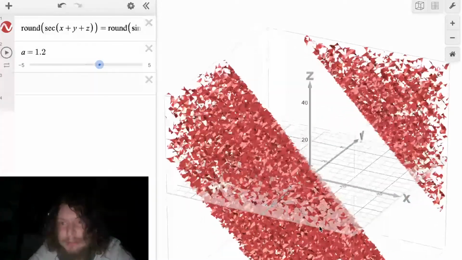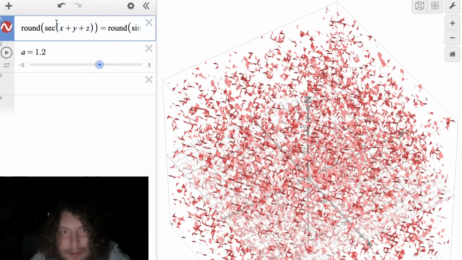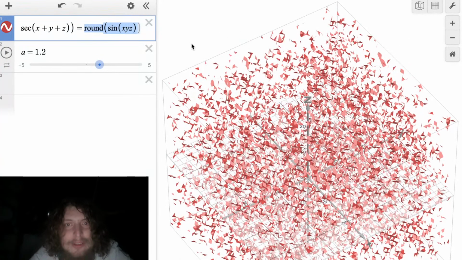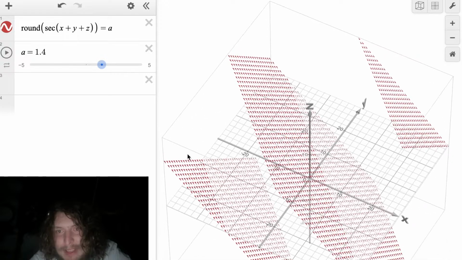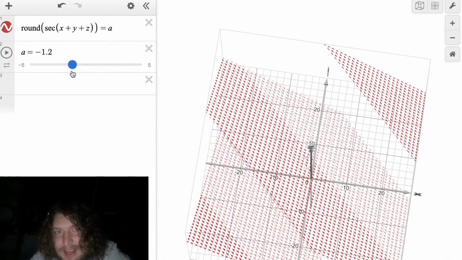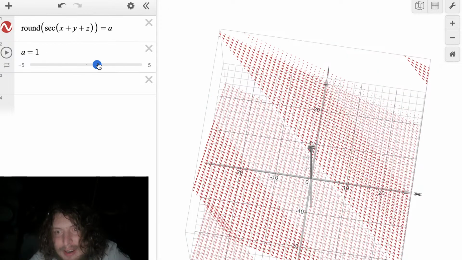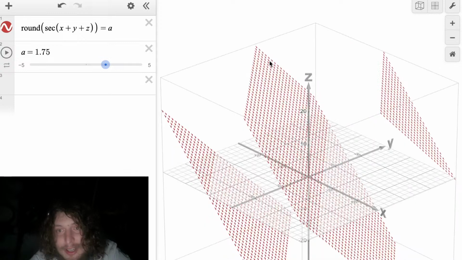So we're getting both of them today. Here we're getting a strange surface. I don't think it's able to display it all perfectly. Let's see what happens when I put them all on one side and just have an a on the other side. Well, when a is 1.4, we get that. And that is all that's going on right there. This graph does not have a lot going on, unless it's taking a while to load.